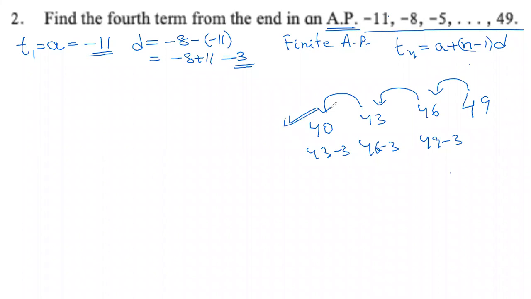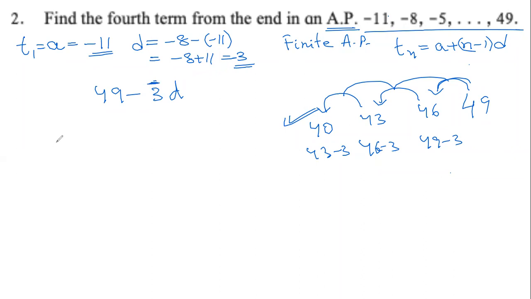Correct. Absolutely fine. Another thing that you can do, which is what Prachi exactly meant, that 1, 2, 3, all we have to do is 49 minus 3 into D. So we can use this also, 49 minus 3 into D. Where is this 3 coming from?